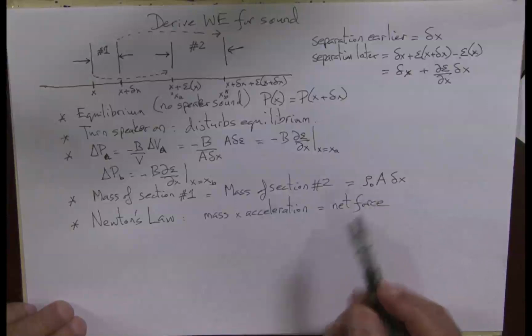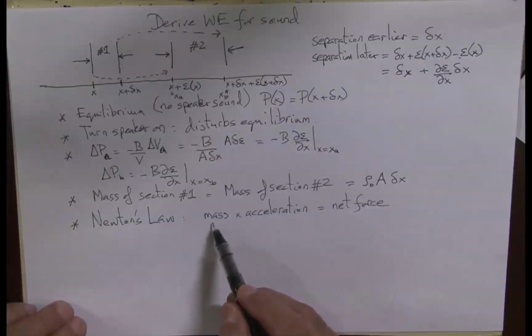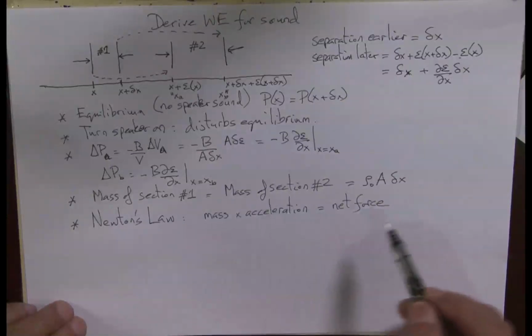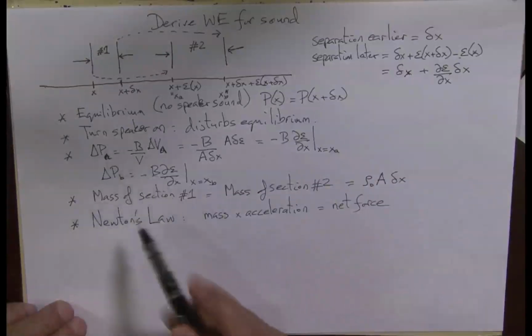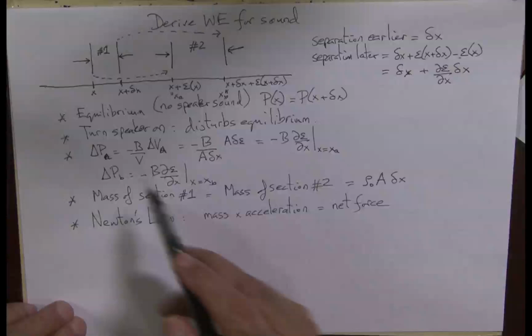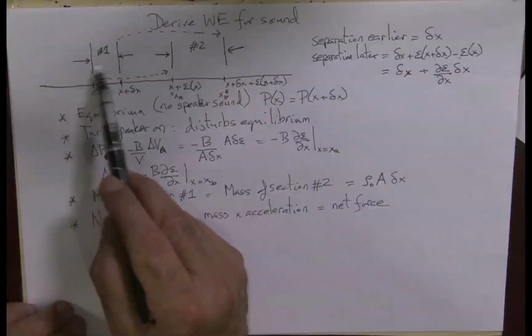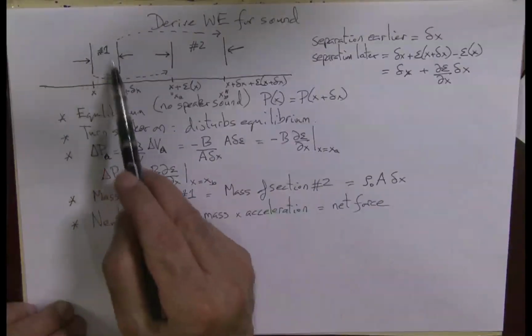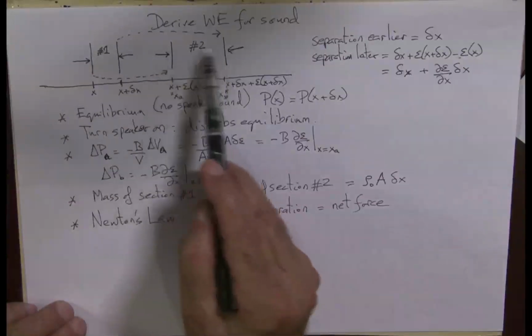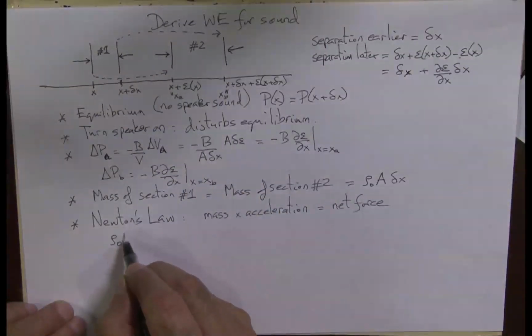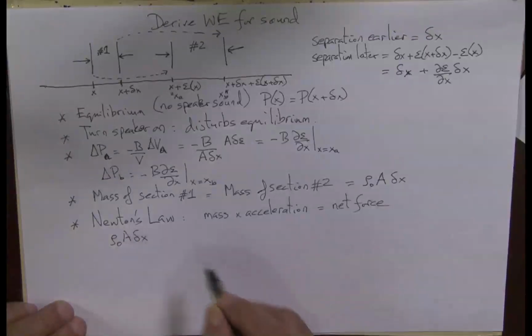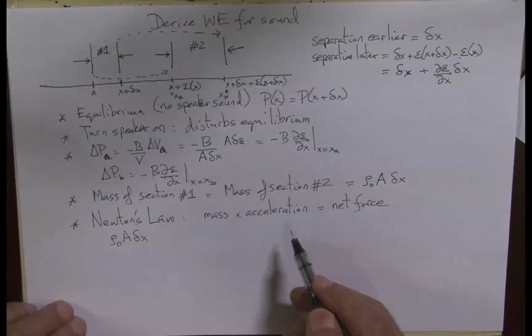Now let's ask what we mean here by mass, acceleration, and force. The mass is the mass of the atoms which are contained inside either this or this. They're both equal. And so the mass is this. Acceleration.